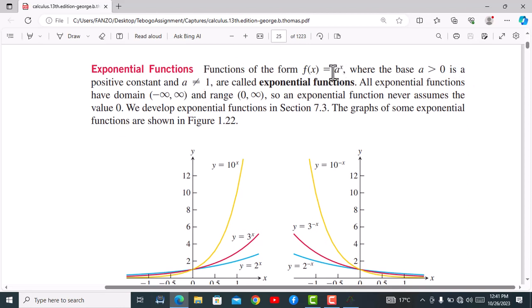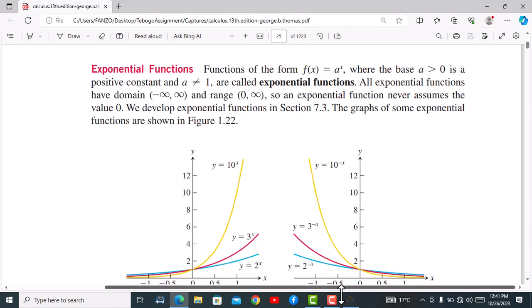So a has to be a positive constant and it cannot be equal to 1. It has to be something else, maybe 2, 3, and so on. All exponential functions have the domain negative infinity to positive infinity.